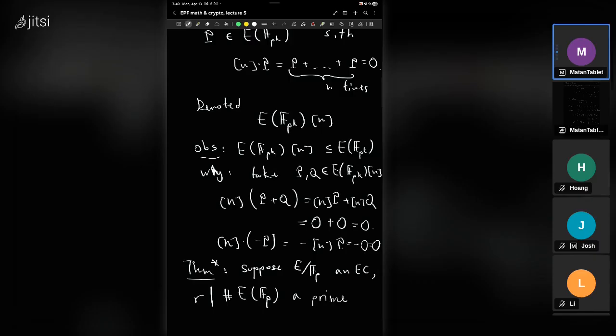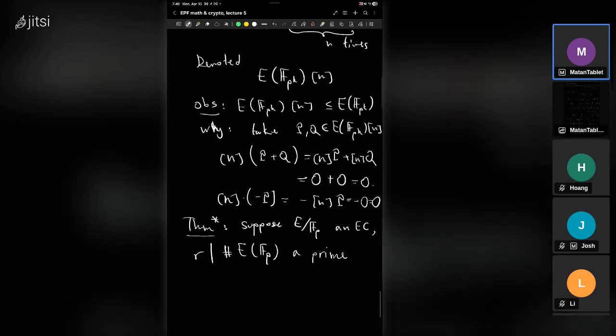And suppose I take K, the smallest integer such that R divides P to the K minus 1.